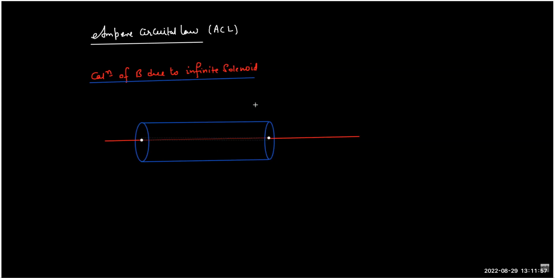Okay. So now having this axis of solenoid, this is the axis of a solenoid, and so we can say that we have the current wire going like this. This is the cross-sectional view of the wires.